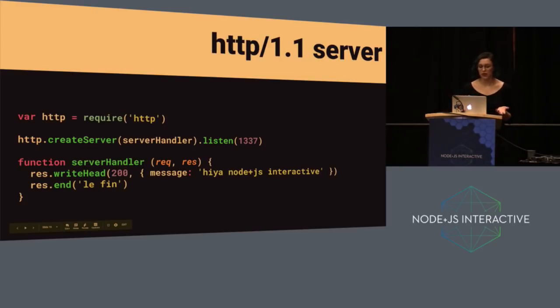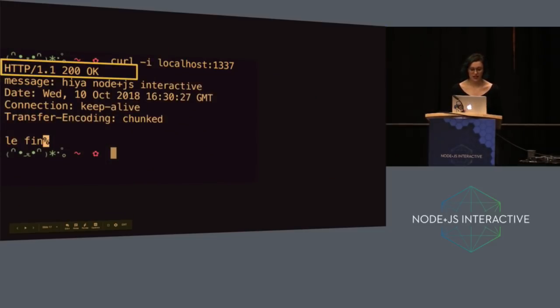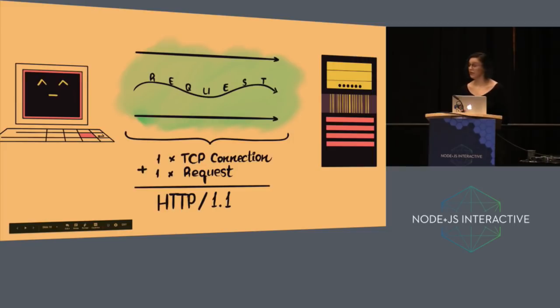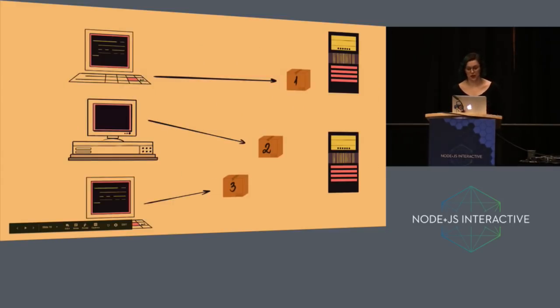And HTTP1 was created rather easily. You just take a server. You've all seen this code. It's rather easy. But what it does is that it looks at a single TCP connection, and one request is handled within that TCP connection, which is rather inefficient. So one-to-one comparison, one TCP connection, one request.